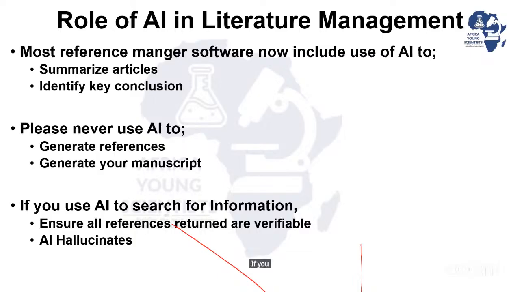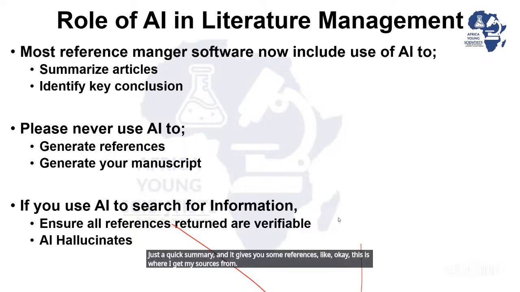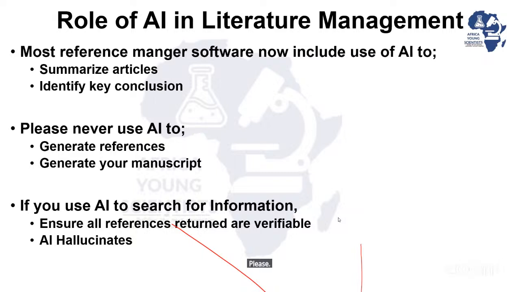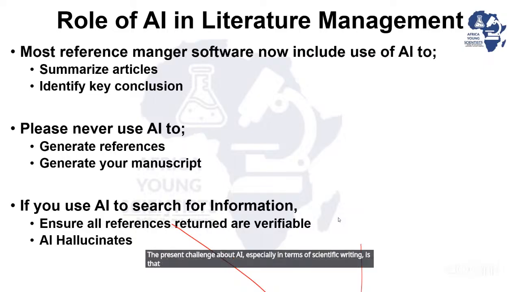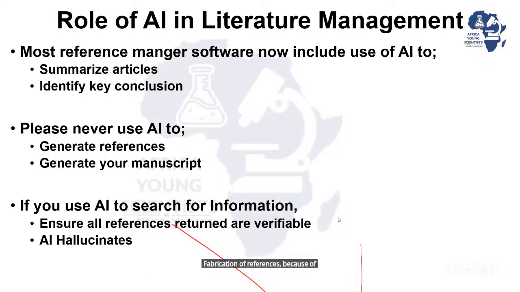Lastly, if you use AI to search for information, like I mentioned earlier, just a quick summary, and it gives you some references, saying this is where I got my sources from, please make sure you verify every one of those references. The present challenge about AI, especially in scientific writing, is the fabrication of references because of its hallucination.